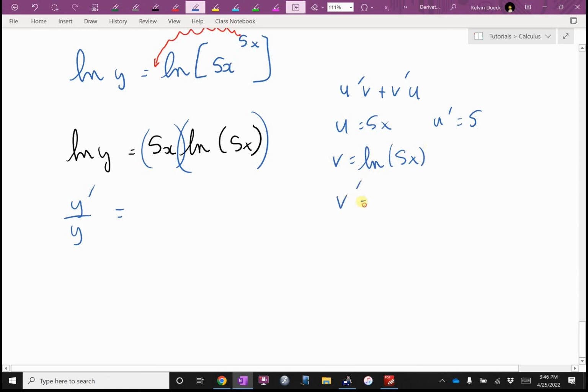So what's v prime? 1 over 5x times the derivative of 5x. Is that right? ln of u is 1 over u times u prime. So 1 over 5x times the derivative of 5x. Oh, that's why they had those two numbers the same, because you end up with just 1 over x. I see why they did that. They're making up a nicer question.